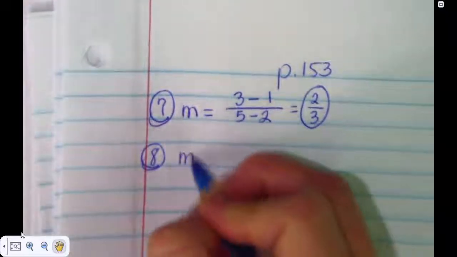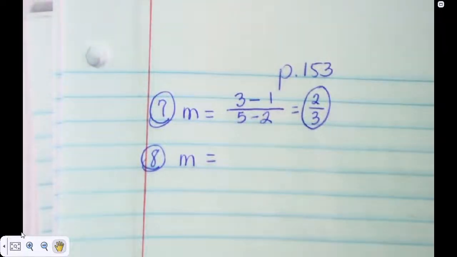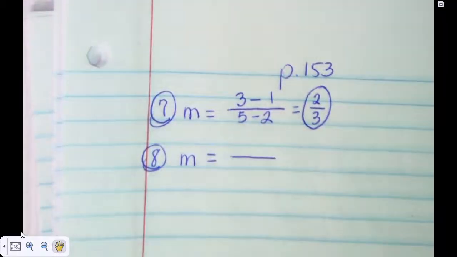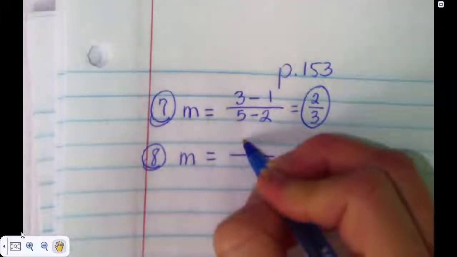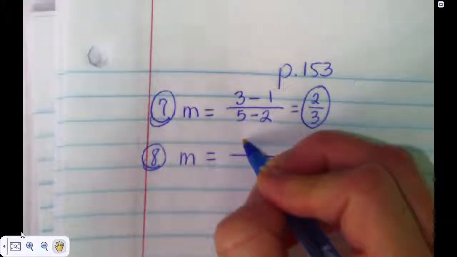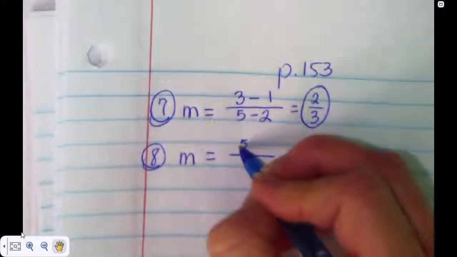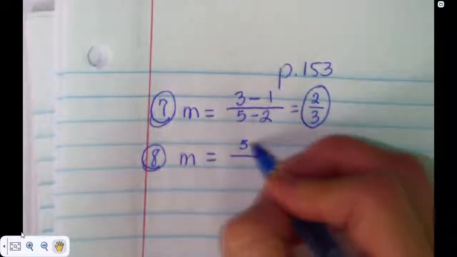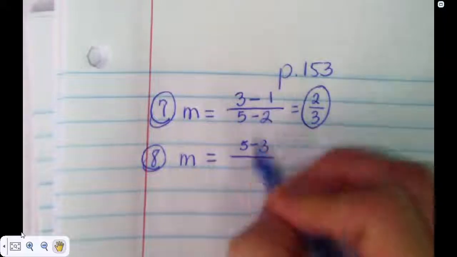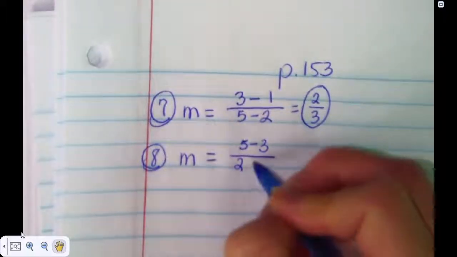Number 8. We're going to subtract the y's on top. We're starting with the last number. 5 minus 3, divided by 2 minus 8.